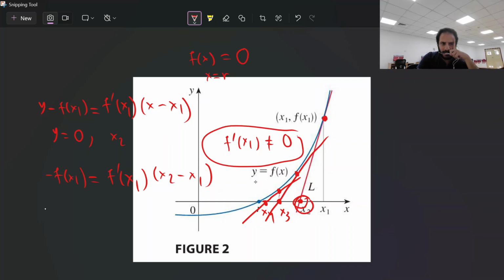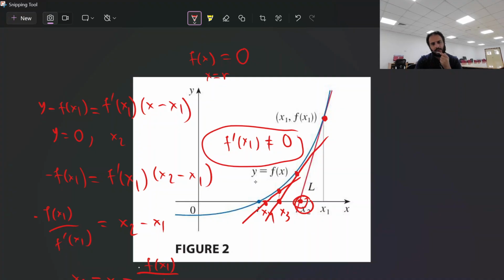So minus f of x1 over f prime of x1 equals x2 minus x1. Now add x1 to both sides, you get x2 equals x1 minus f of x1 over f prime of x1. So you understand now that this method will not work if the derivative is 0. You need to remember this.